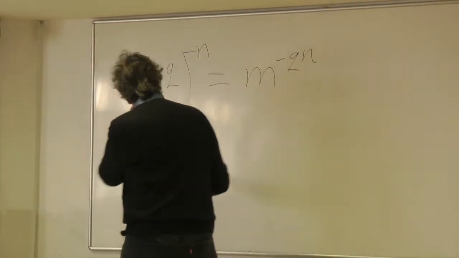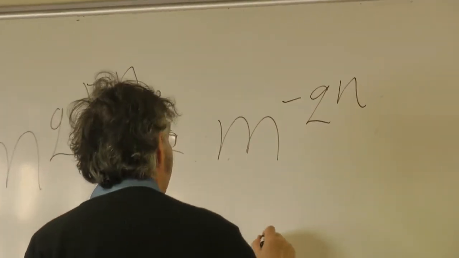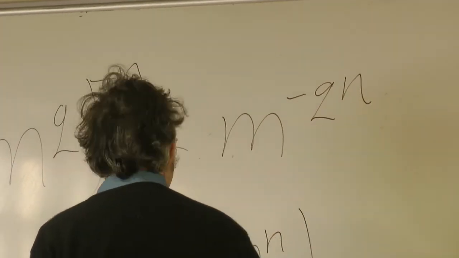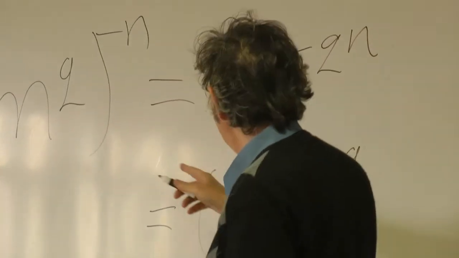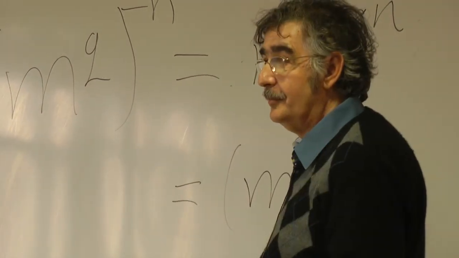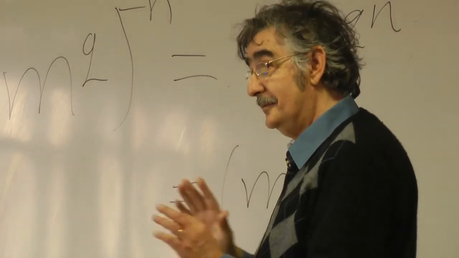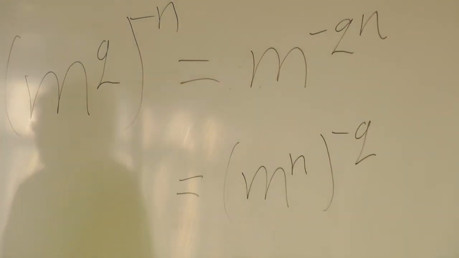And because of this, it is also true that it's m to the n to the minus q. So whenever I have a power to another power, it's that number to the product of the powers. This you are allowed to remember just by heart.